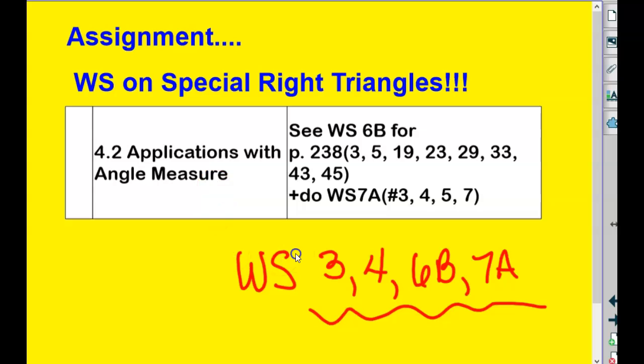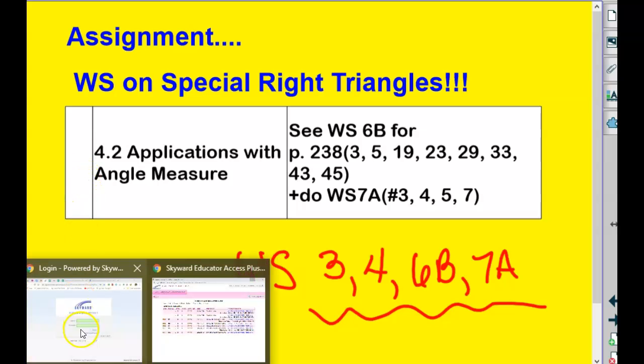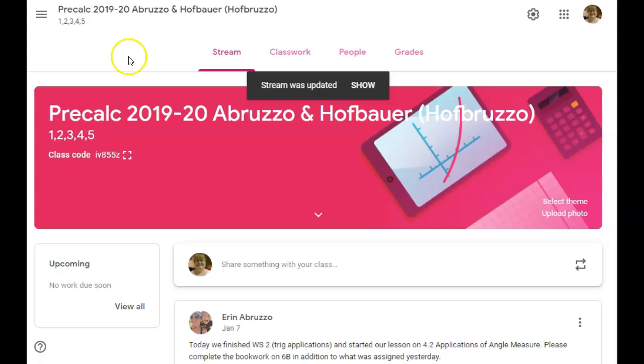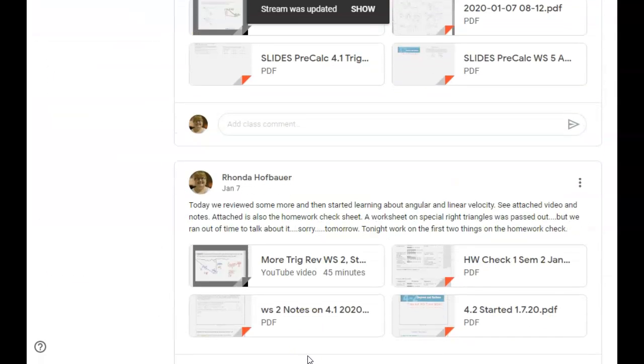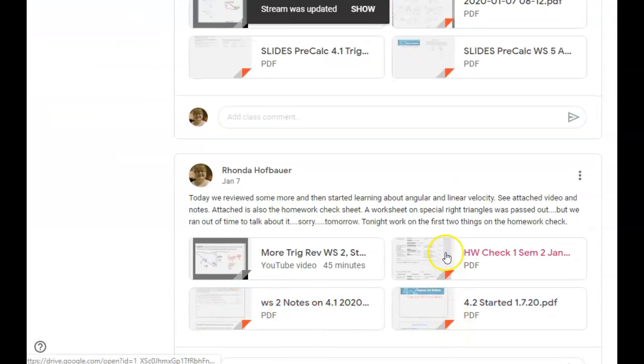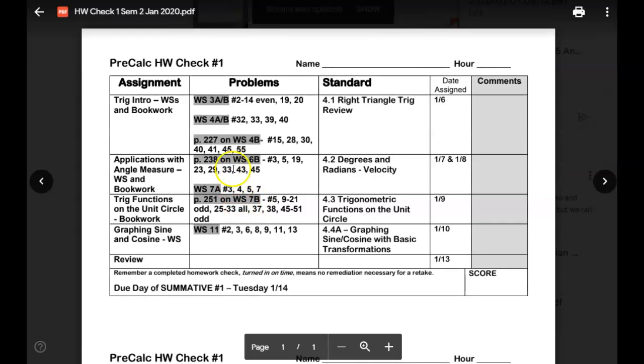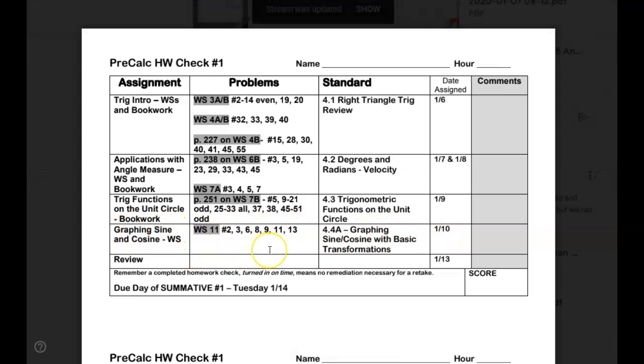On the homework check sheet you picked up today, I need you, everybody paying attention? On the homework check sheet, here I can pull it up real quick. This is what it looks like. I need you to cross this line out down here that says the graphing worksheet. Just lightly cross it out and write special right triangle worksheet instead.